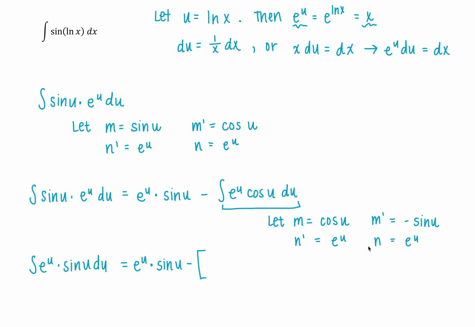So it's m times n, so it's going to be e to the u times cosine u minus, and we're going to integrate n times m prime, so that's e to the u times negative sine u du.